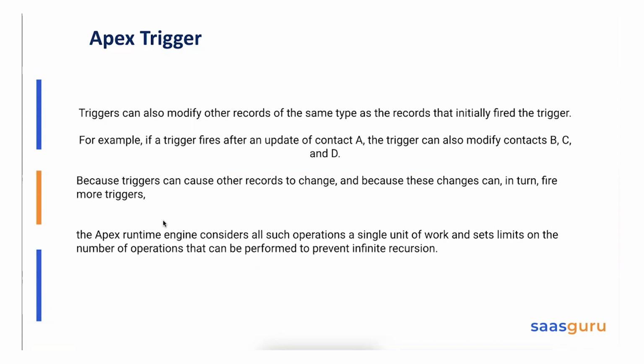I am updating a contact, and in the contact trigger there is an account update, and that account update is firing another trigger, the account trigger. In that account trigger, suppose I am making a SOQL query and updating the same contact that had the trigger initially.